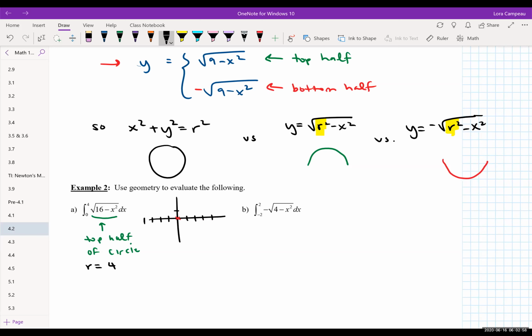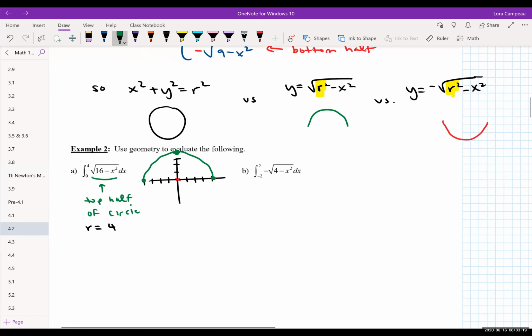And up. So if it's the top half of the circle, I have my guide points, and I'm seeing that we are looking at the integral as the area of a circle because this is above the x-axis. So let's look at this a little more carefully.